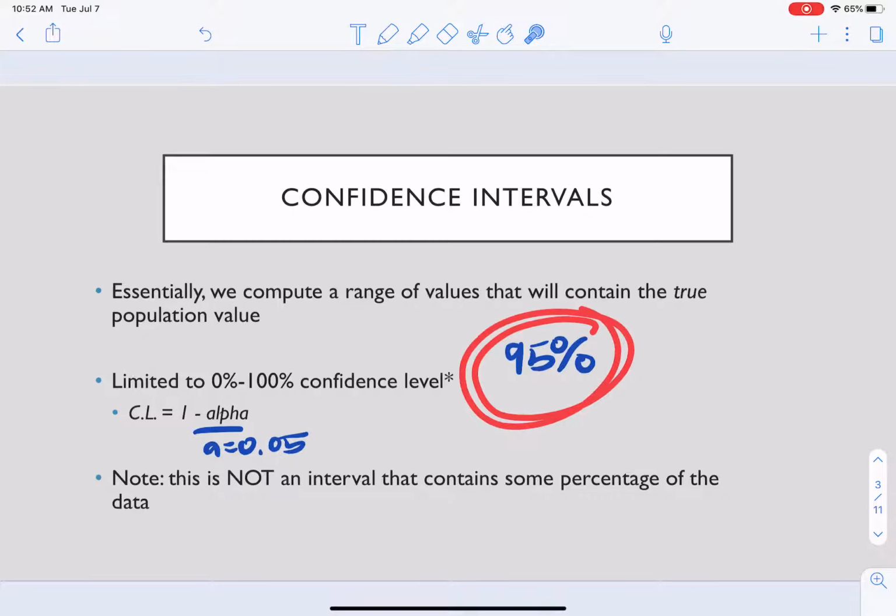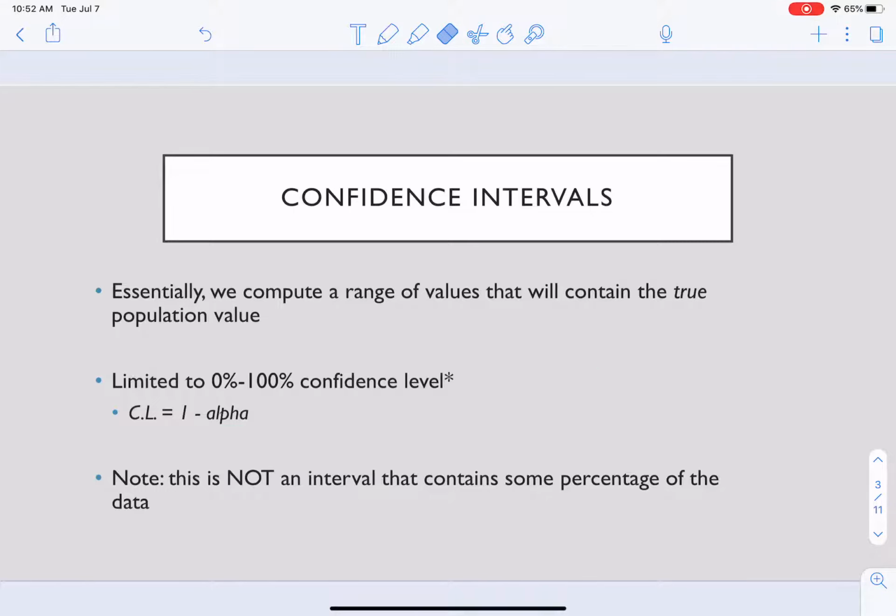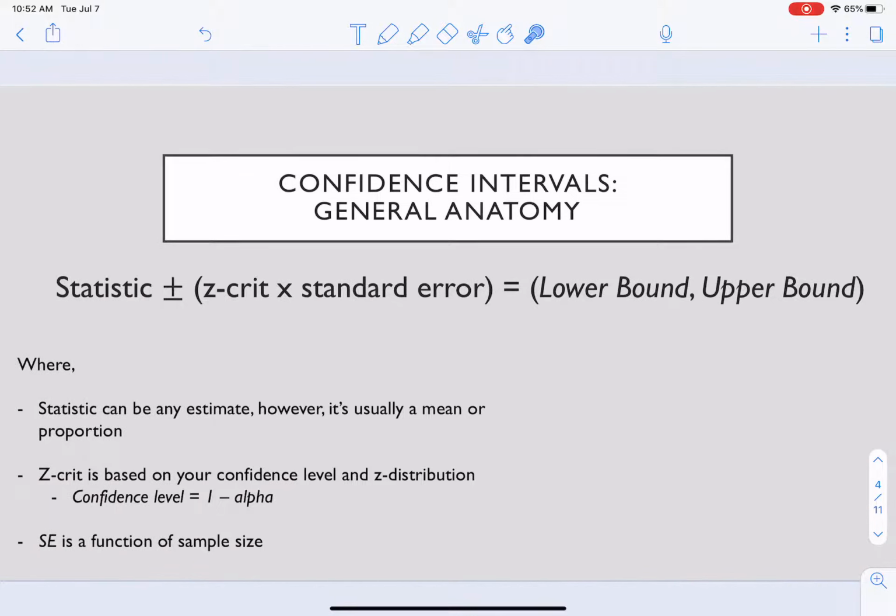It's not 95% of the data. It's something a little bit different, a little bit more nuanced. Really make sure that you're not defining a confidence interval as this, because that is not what it is. So here is the general anatomy of a confidence interval. It is actually not too hard.